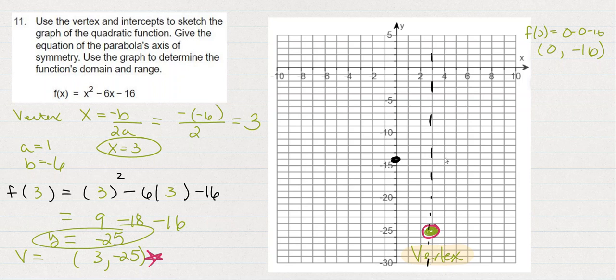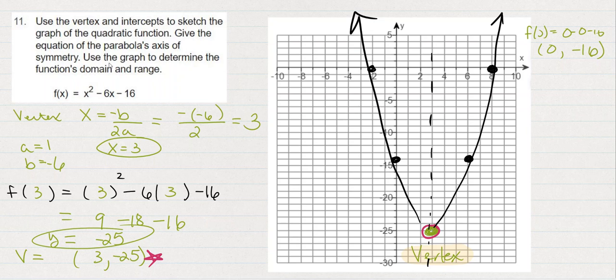So if I go 3 to the right, I'd have another point that I could graph. I could also find the x-intercept of -2, and I could use that to graph as well. And that gives me an even fuller picture of this graph, which looks something like this.